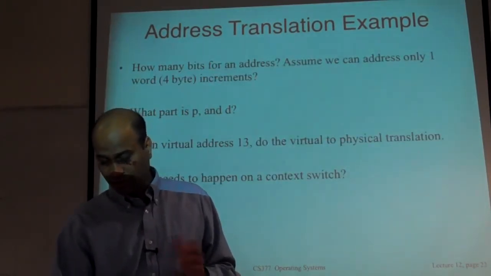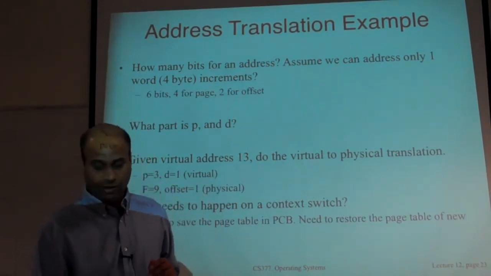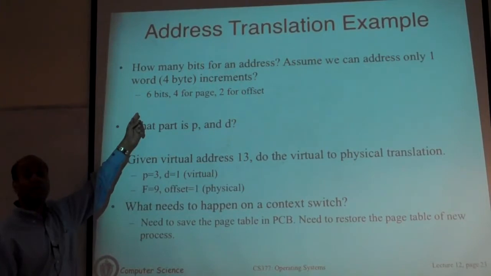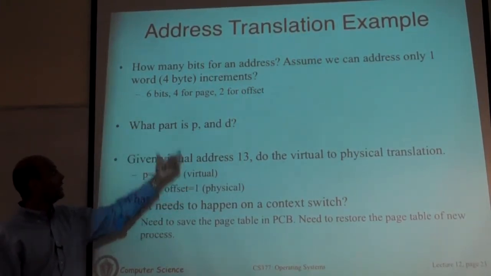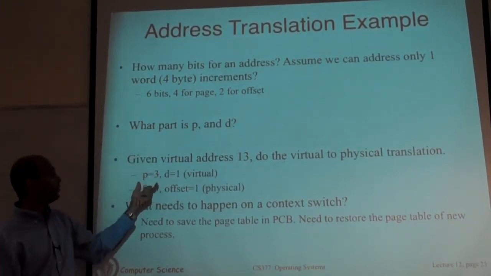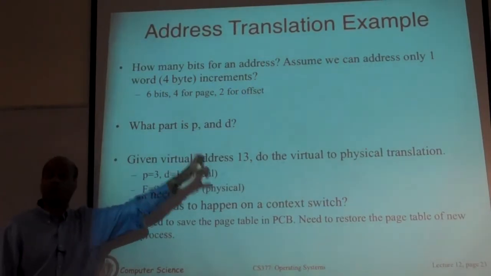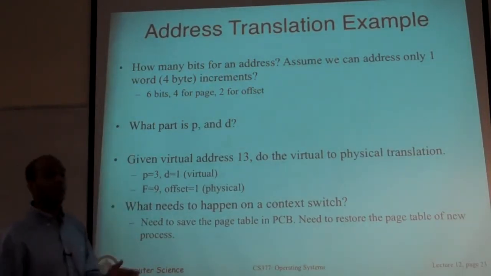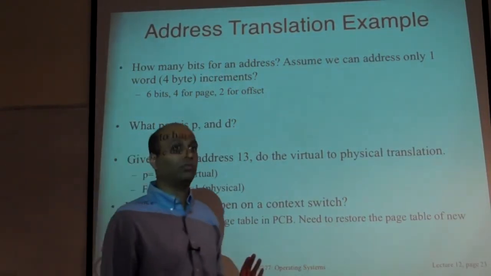So how do you do the translation? Basically now you take the same thing. You take that 6-bit address, and you take the 4 top bits, that's going to give you the page number. You take the 2 low order bits, that gives you the offset within the page. That part hasn't changed. The only thing that changed was the number of offsets within a page has reduced.